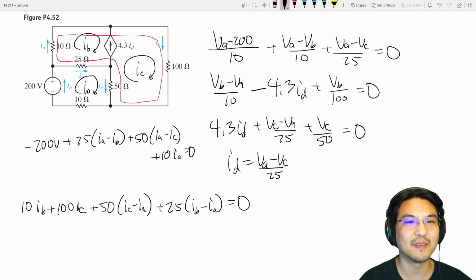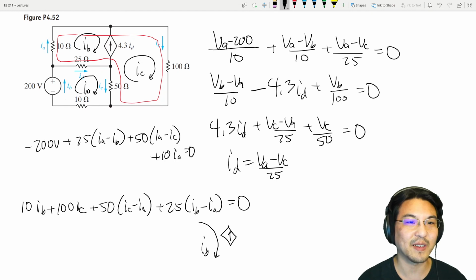Now we just, let's see, 1, 2, 3 unknowns, 2 equations. So now we just need to relate, let me draw, see the dependent source, and then there's mesh current IB here, I'm talking about right here.